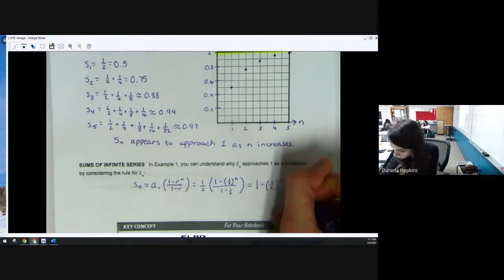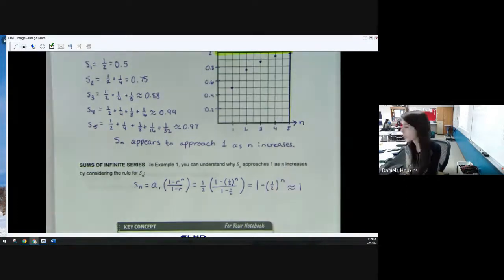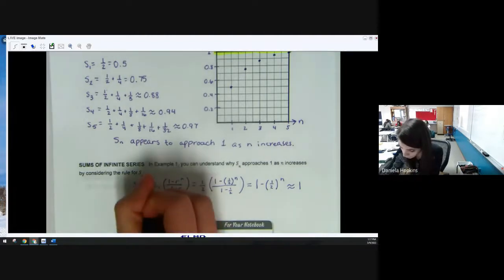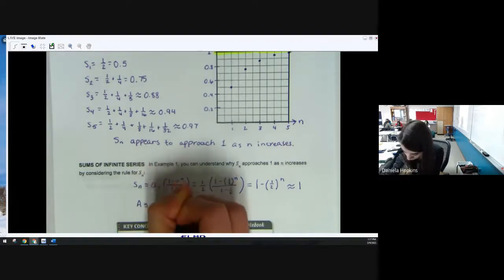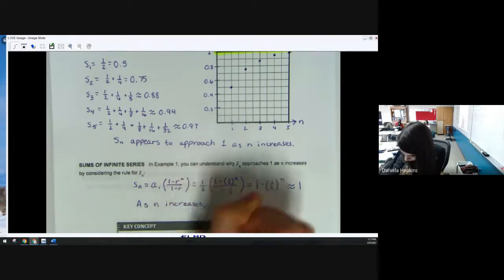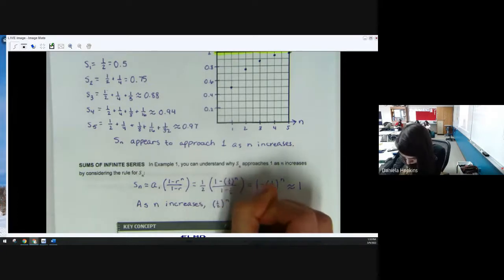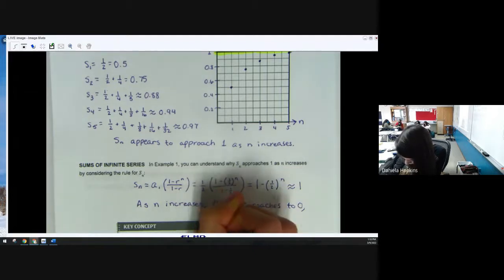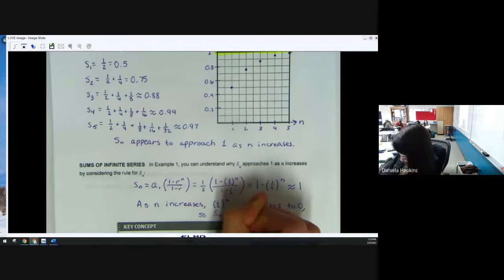So it gets closer and closer to just 1. Because that 1/2 to the n approaches 0. So we can say as n increases, 1/2 to the n approaches 0. So our series approaches 1.